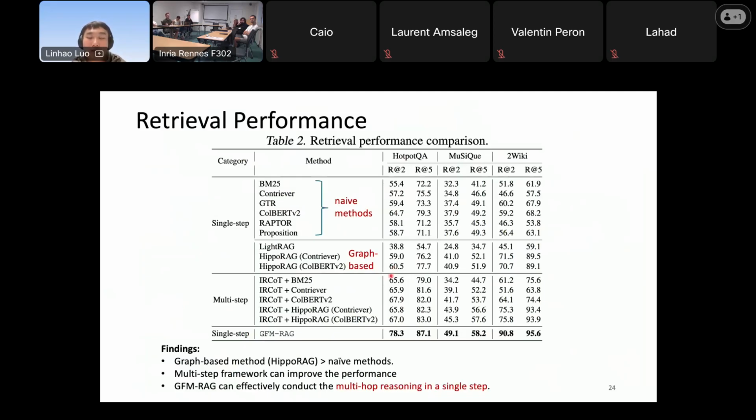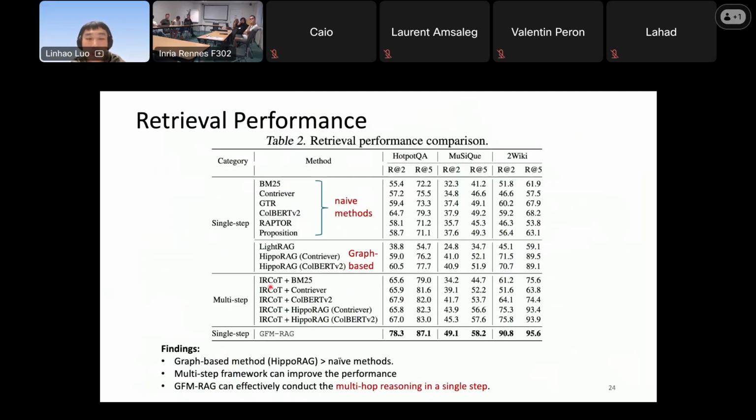So we can retrieve this kind of relevant document and improve multi-hop question answering performance. And we also have some multi-step mechanisms. Basically, we can combine the power of our retrieval mechanism with the large language model, so the LLM can break down the complex question into multiple simple questions.